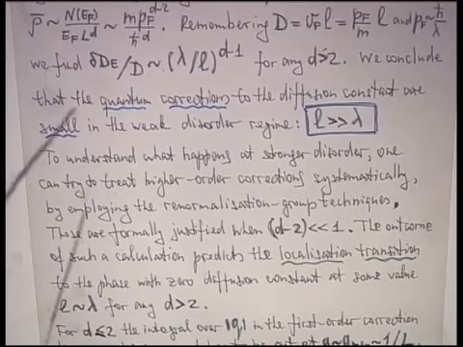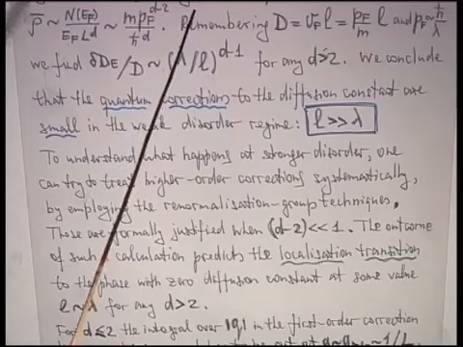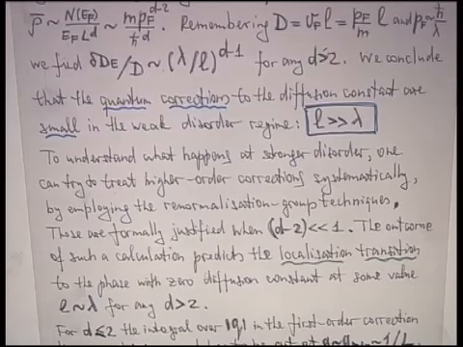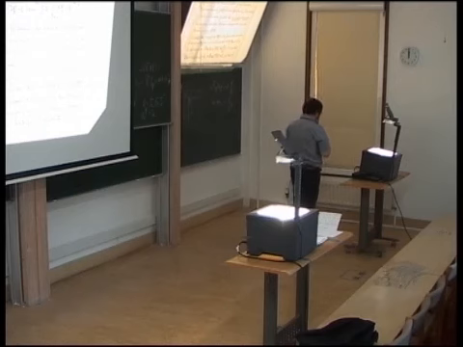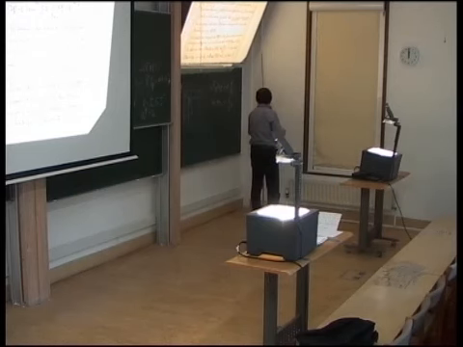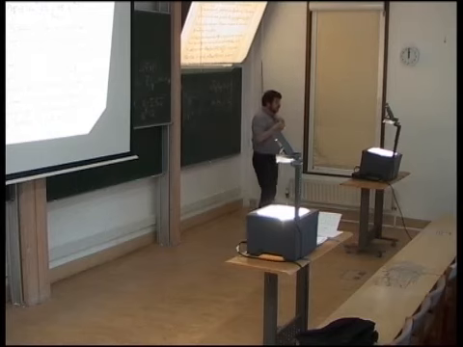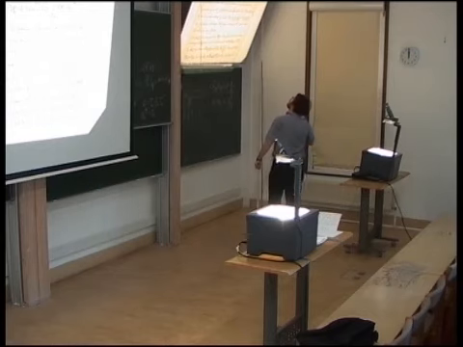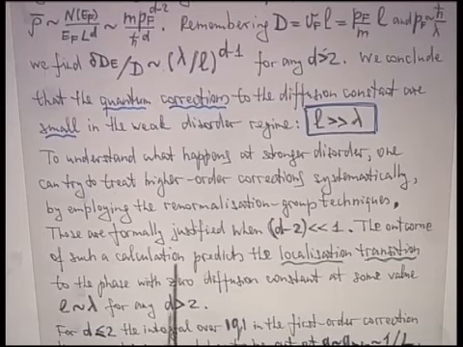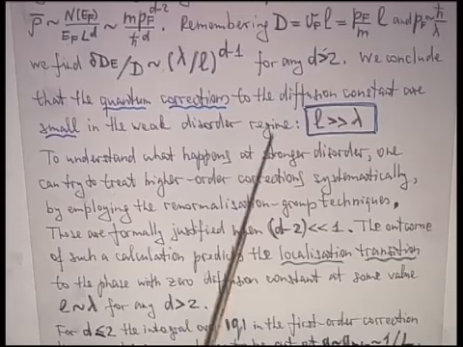And after substituting all these estimates, we come to a very simple formula: our quantum correction is just given by the ratio of the wavelength of our quantum particle to the mean free path, raised to power d minus 1, where d is the dimension of space, and here in this calculation we use that d is larger than 2.